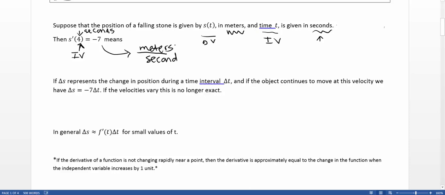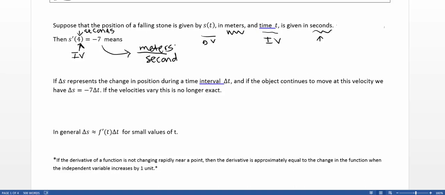Once we've attributed the right units to our numbers, we can construct a statement that represents what we're looking at. After the stone has fallen for 4 seconds, it's moving at a rate of -7 meters per second. We need to make sure our sentence has the numbers paired up with the right units.